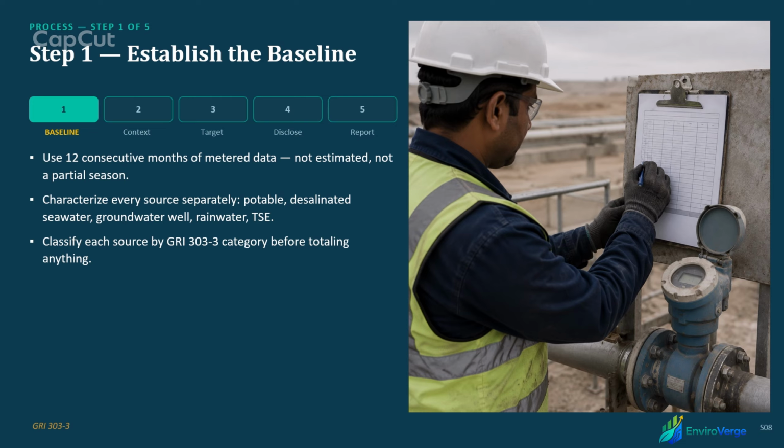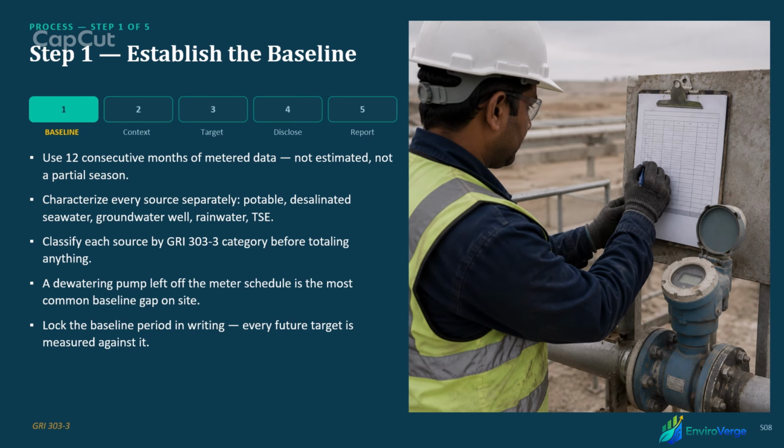Totaling first and classifying after is how sources go missing. A dewatering pump left off the meter schedule is without question the most common baseline gap on site. It's temporary, it's often subcontracted, and it's exactly the volume that gets forgotten. Lock the baseline period in writing. Every future target you set gets measured against this one number.